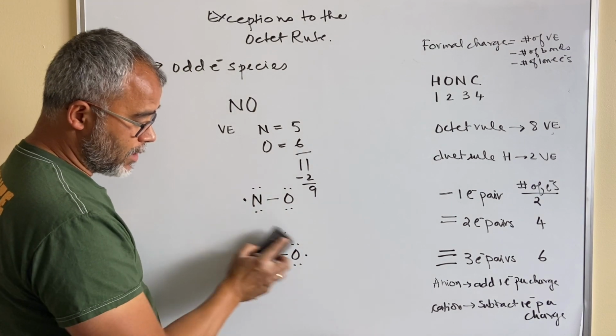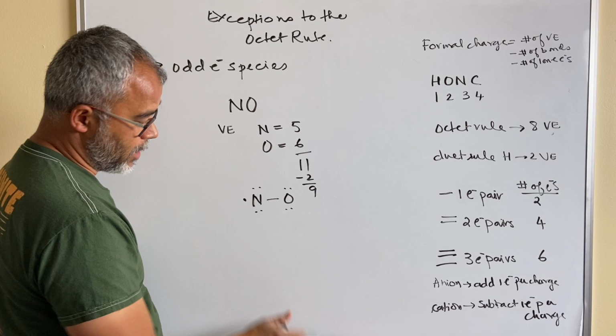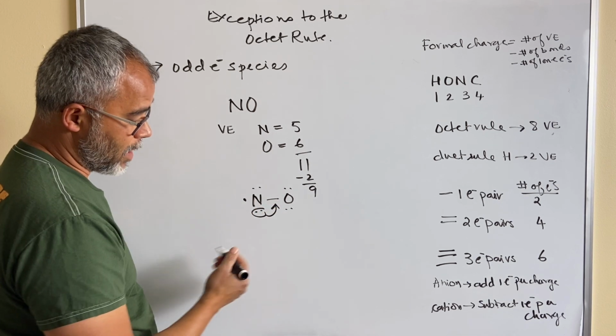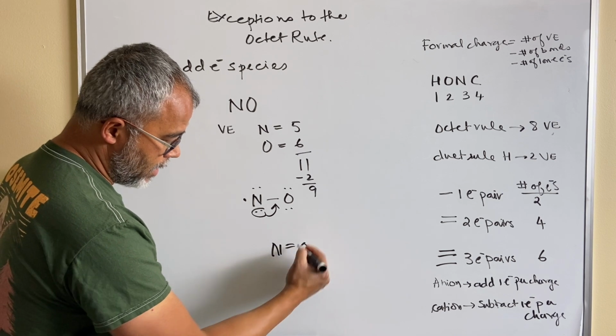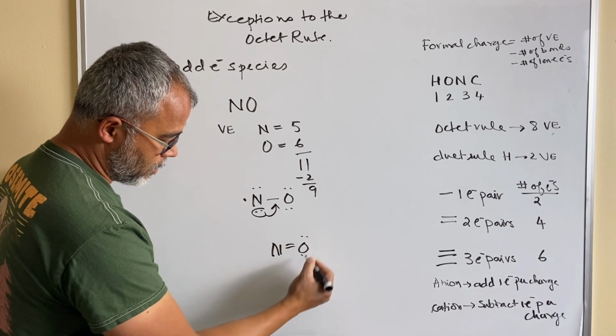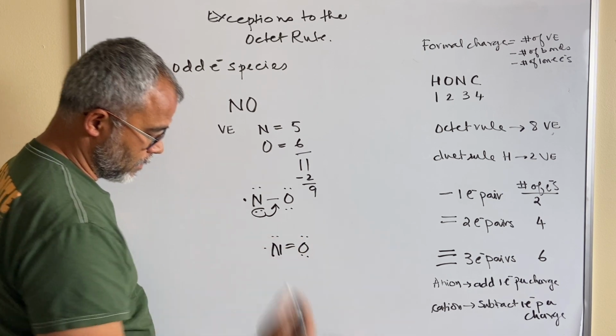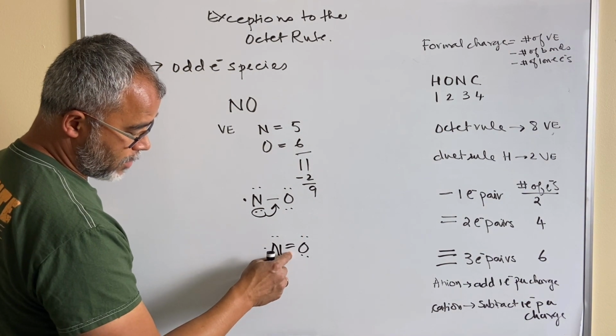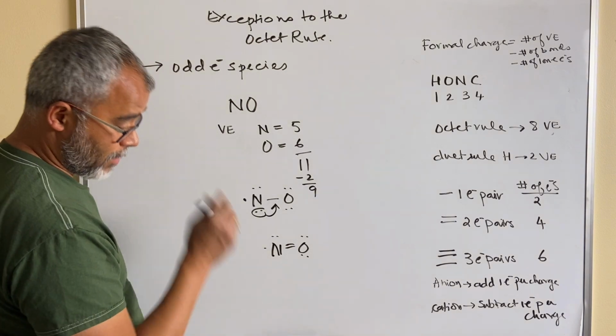I'm going to erase this one for now so we can focus on this. What if I take one of these lone pairs and put it here to make a double bond? Then I'd have something like this. Now this oxygen has 8, and this nitrogen has 2, 4, 6, still 7.